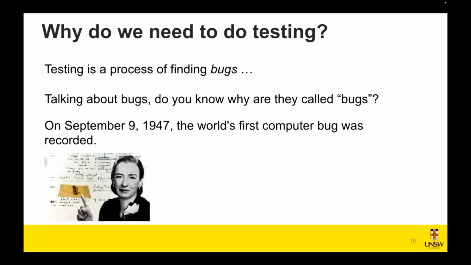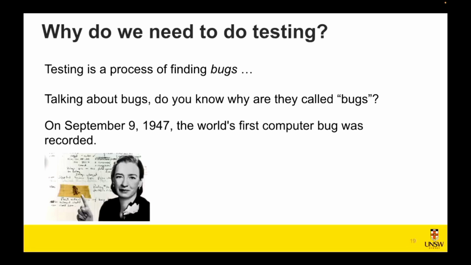And the first computer bug was recorded like this. There was a small insect stuck in the machine. So the machine didn't behave correctly, and people were wondering why the machine was not working as expected, right?